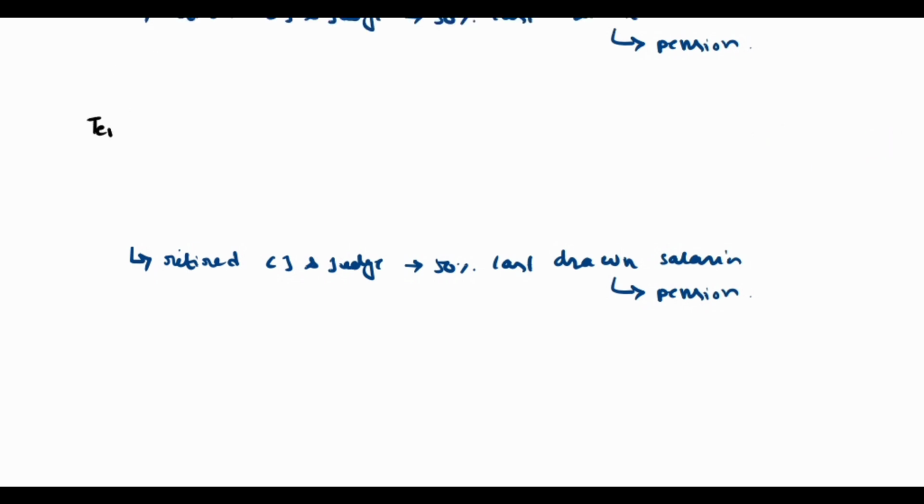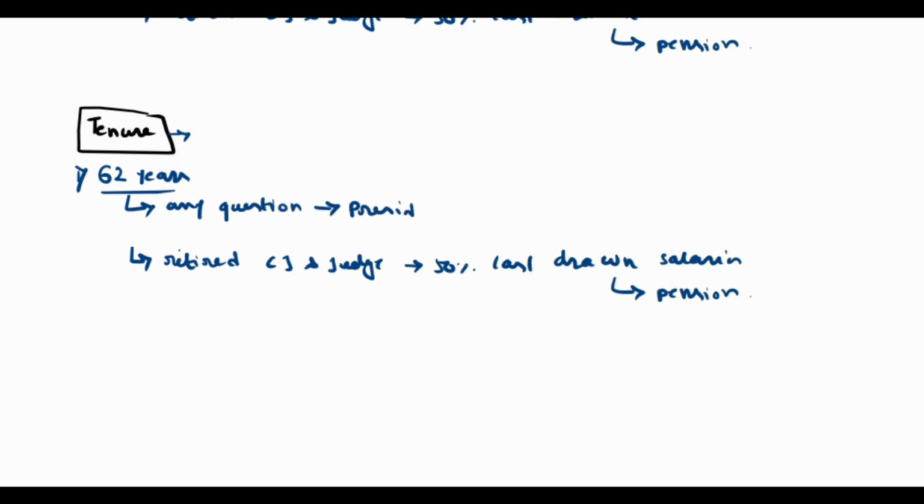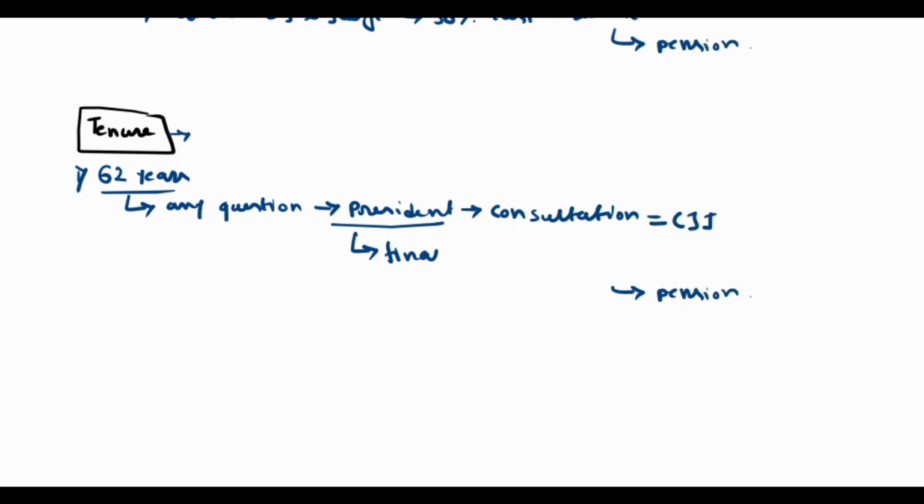Next one is tenure. First, holds office until he attains the age of 62 years, and any question regarding this age is to be decided by the President after consultation with the Chief Justice of India, and the decision of the President is final and binding.